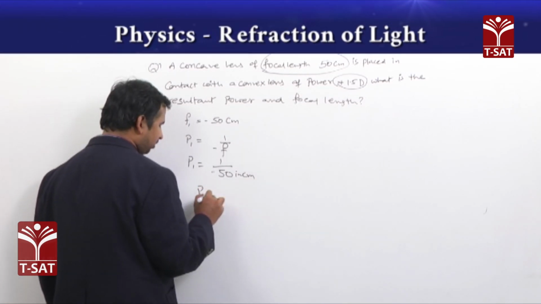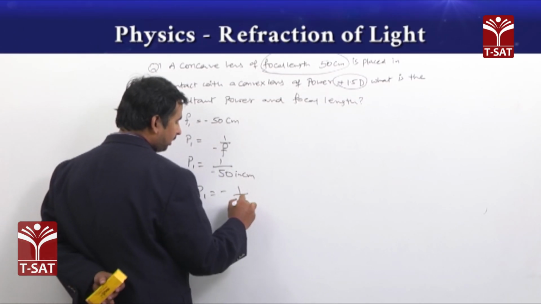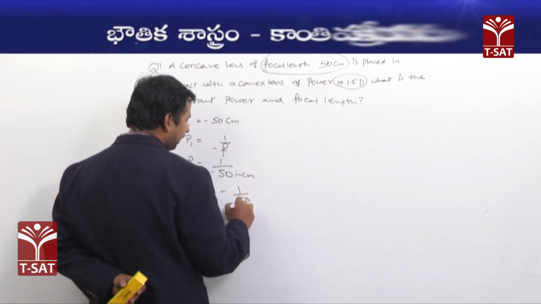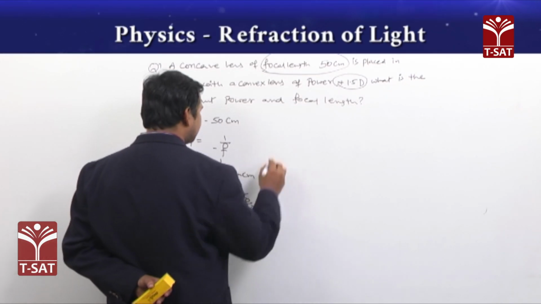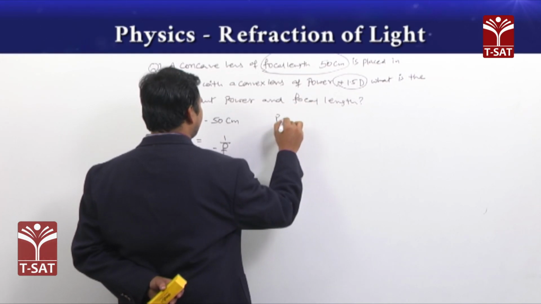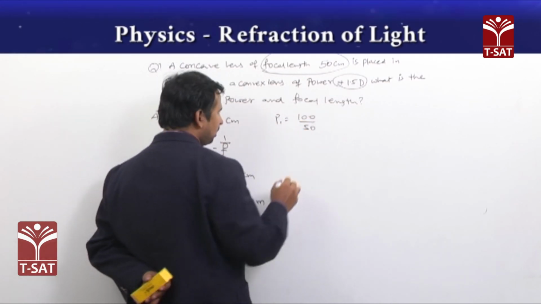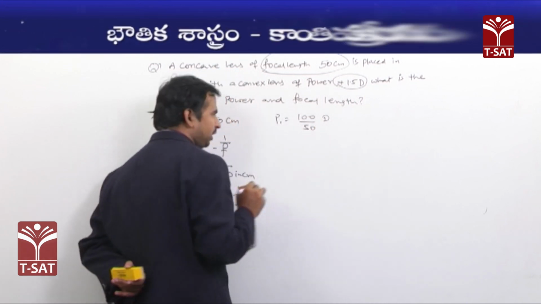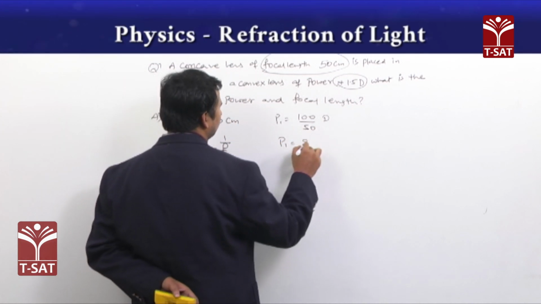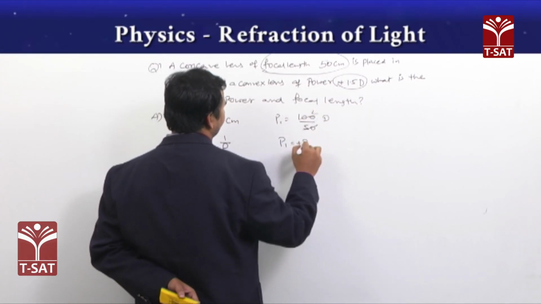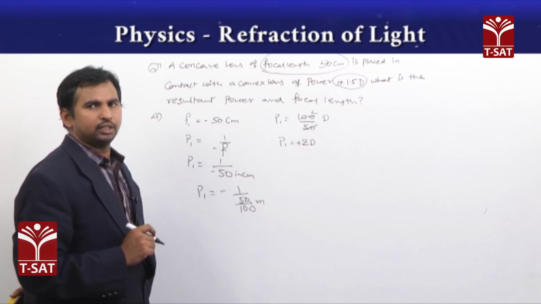Then P1 is equal to minus 1 by 50 centimeters. We can write that as 50 by 100 meters. Then it becomes P1 is equal to 100 by 50, in meter inverse, which means diopter. So finally we got P1 is equal to plus 2 D.